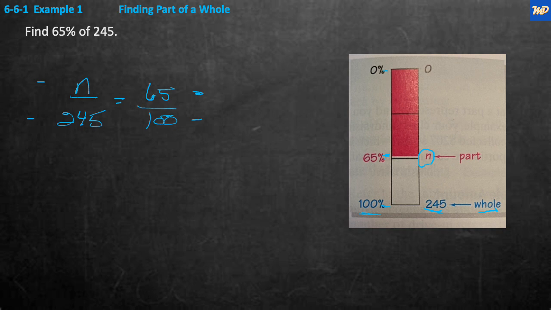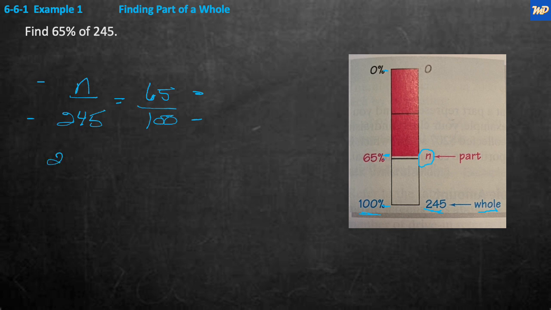In order to solve this, we could do a couple things. We could use the cross product, which was method 2 from an earlier slide, or we can use method 1, which is to solve by multiplication, multiplying both sides by 245. I'll go ahead and multiply both sides by 245.